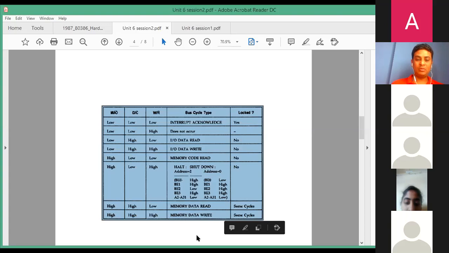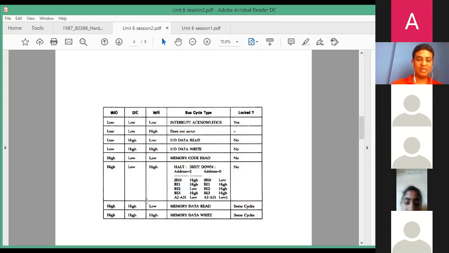So the remaining two are very much clear. You may say that for some time the bus is locked. Whenever the bus is with the CPU, it is locked. When there is any assertion from the components, the bus will be granted to the components. For data read, memory IO should be high, data or control should be high, and read or write should be low. For read, all should be high.